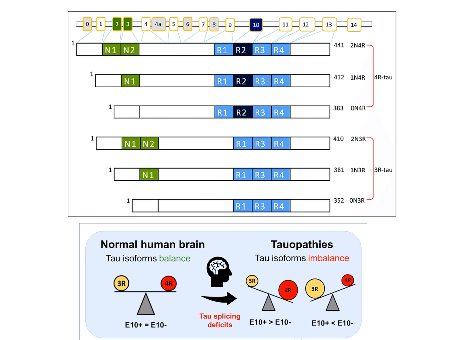So the ratio of the pathologic proteins versus the non-pathologic proteins can define the progression of the disease. And so alternative splicing is an important mechanism by which our body can generate a variety of proteins from the same sequence of the DNA.